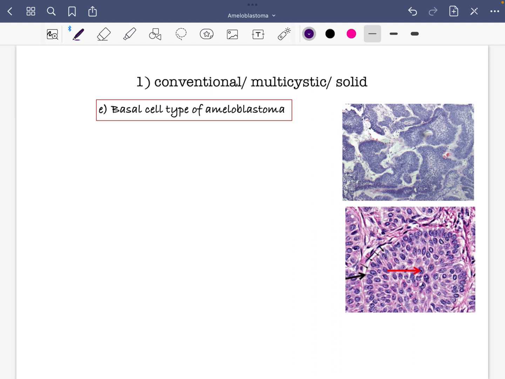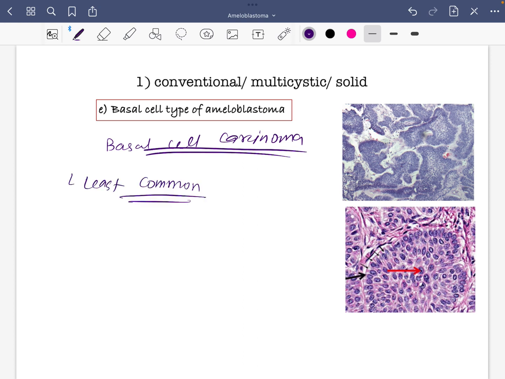Last is the basal cell type of ameloblastoma. What special is there in basal cell ameloblastoma is that you will find basal cell carcinoma features. This is kind of analogous to your basal cell carcinoma. It is least common, very rare, right? What special do you find? There is no stellate reticulum in this case.